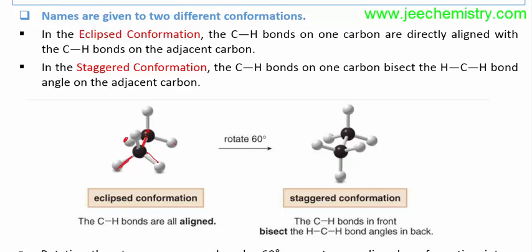Here I am showing that we can view both as if they are in the front, but actually this one is in the back and this one is in the front.